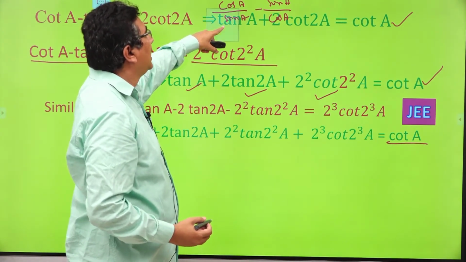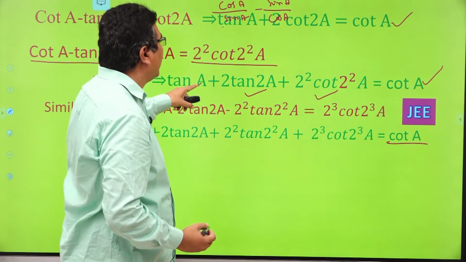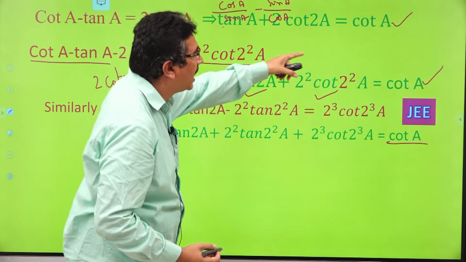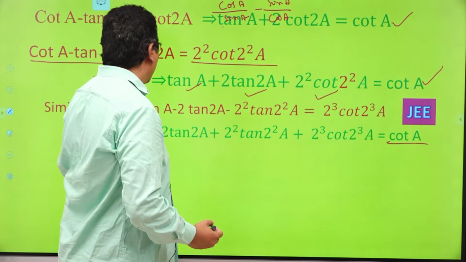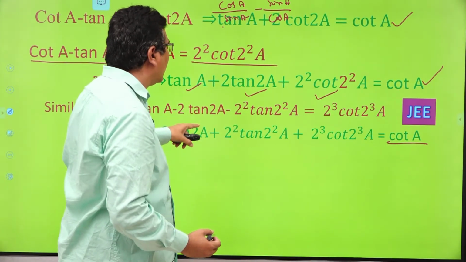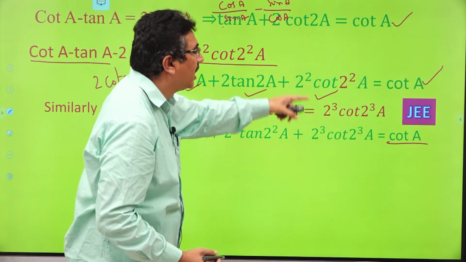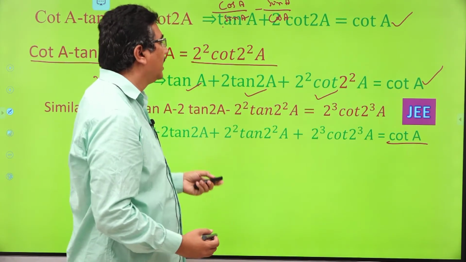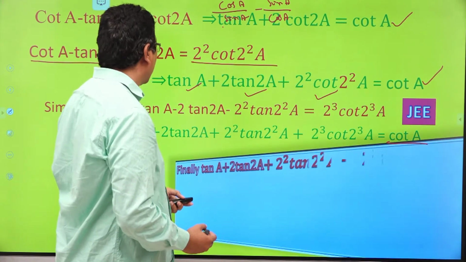This is tan A plus 2 cot 2A, and tan A plus 2 tan 2A plus 4 cot 4A is also cot A. Tan A plus 2 tan 2A plus 4 tan 4A plus 8 cot 8A is also equal to cot A. Likewise, see the series.